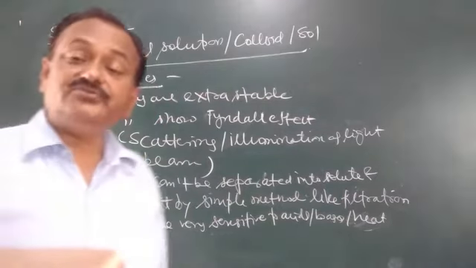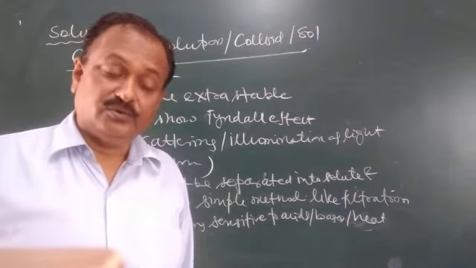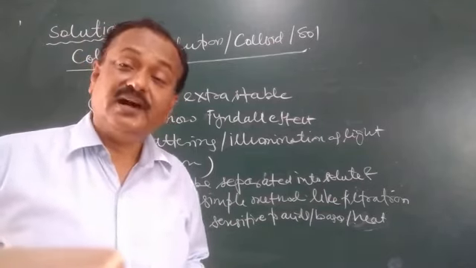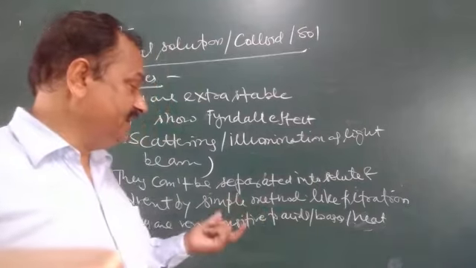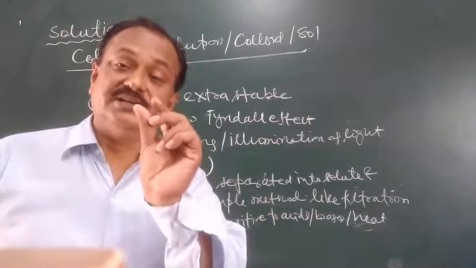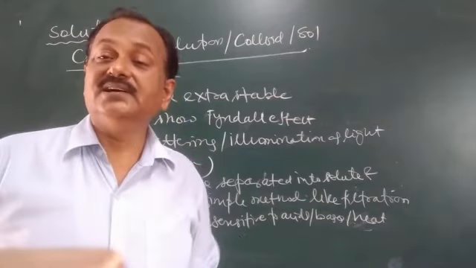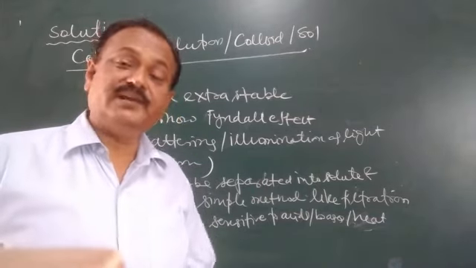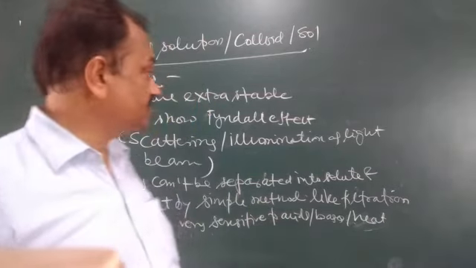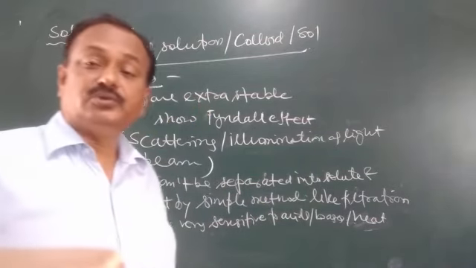Another point is when we prepare paneer, cheese or curd: curd is made by the addition of a little amount of curdling agent in lukewarm milk. Similarly, many things are there. So this is all about the colloidal solution or soap.